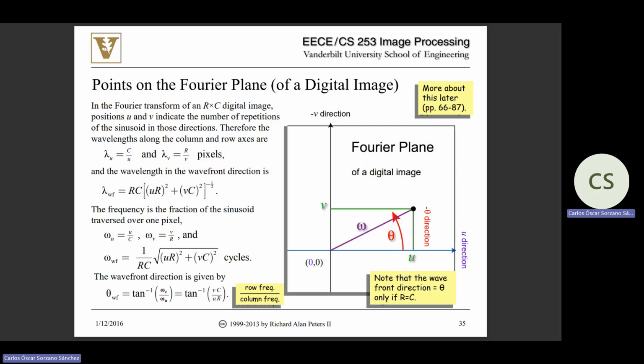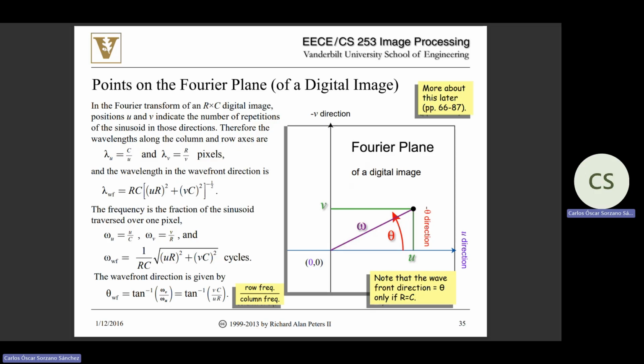And then I may wonder what is the overall frequency in the direction of the wavefront, in the direction of the propagation of the wave. It is this thing. What is the associated wavelength? It is this one. These are frequencies, so if I invert them, I also get wavelengths.